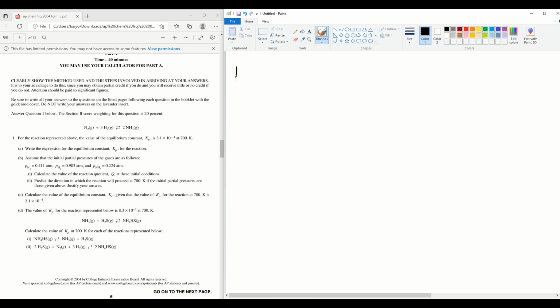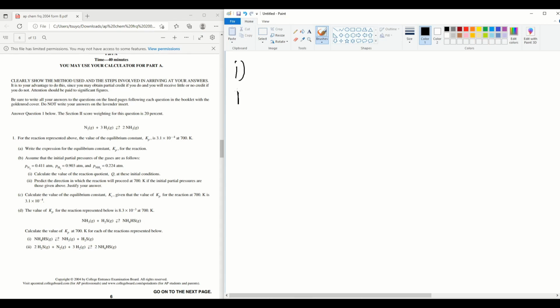So for the first one, this whole part D has to do with manipulating reactions. So we can notice that this reaction is the same as this one, except it's just flipped. So NH4HS is the reactant, and NH3 and H2S is the product.